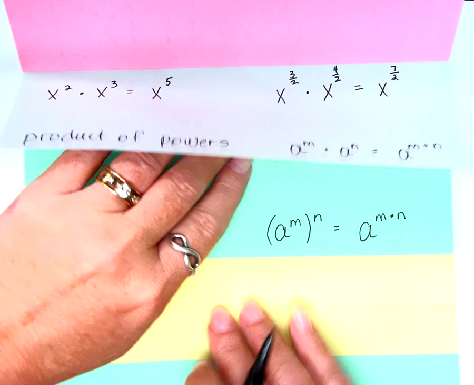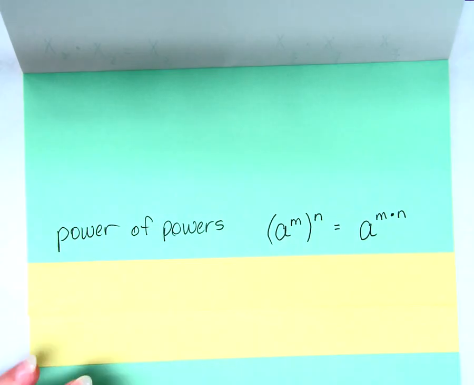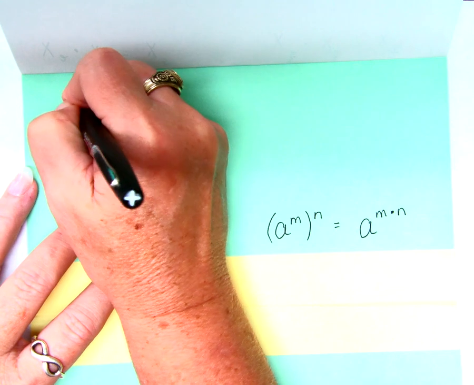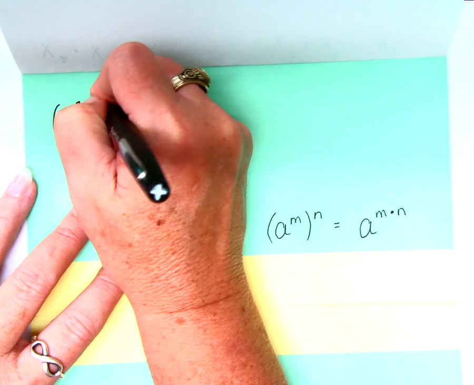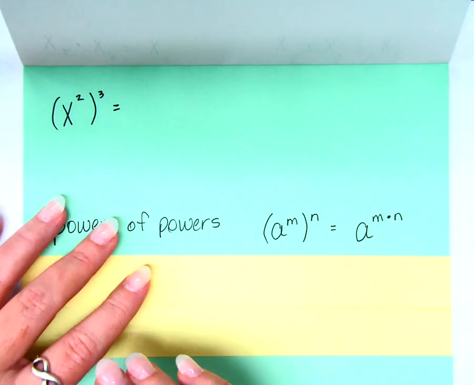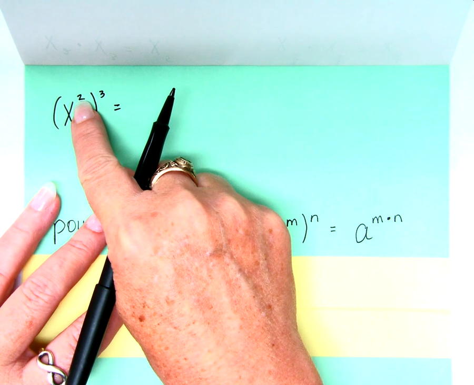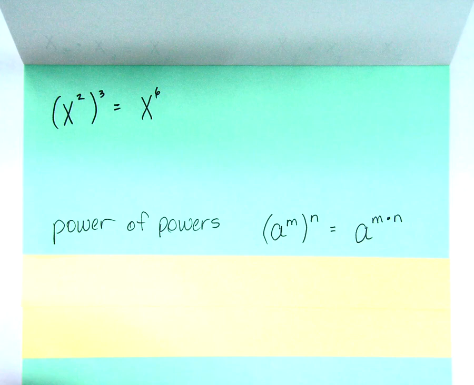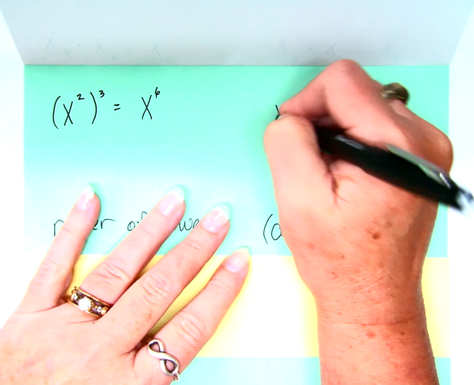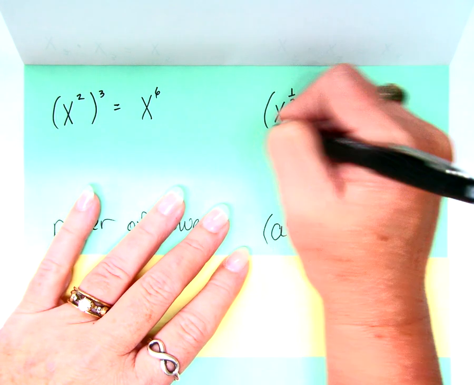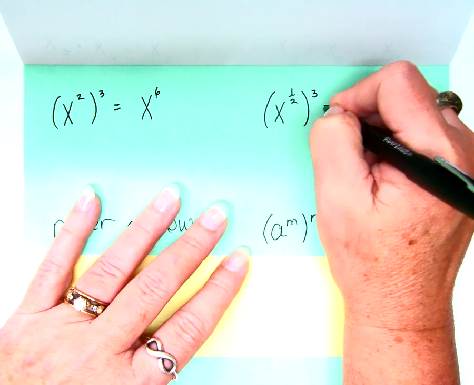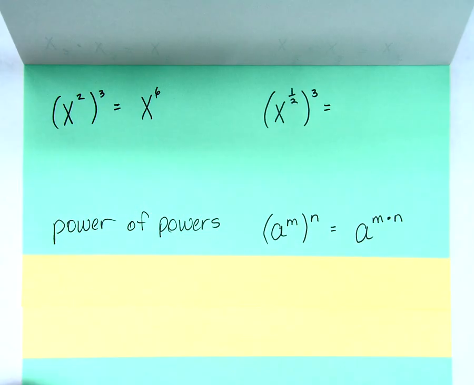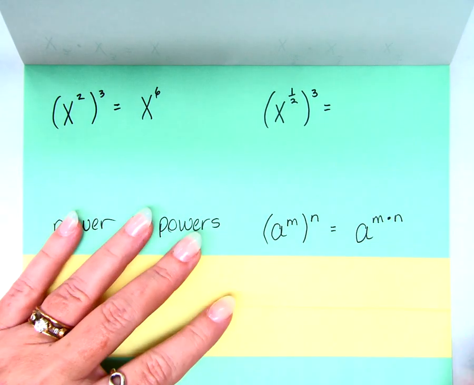Okay? So let's move this up so I have some place for some examples of this. X squared to the third power. This is the example that you already did in Algebra 1, but 2 times 3. X to the sixth. Very good. What if it looks like x to the 1/2 raised to the third power, though? What am I doing with the exponents again?